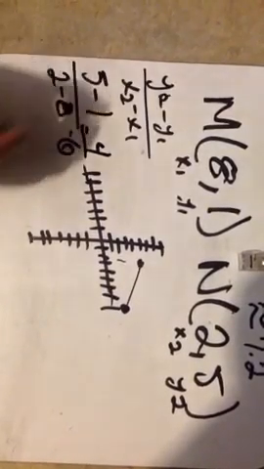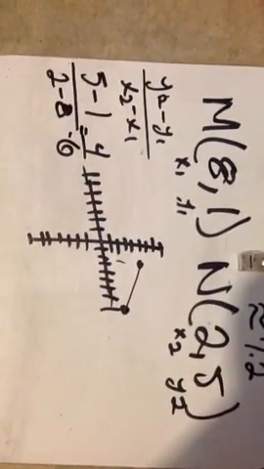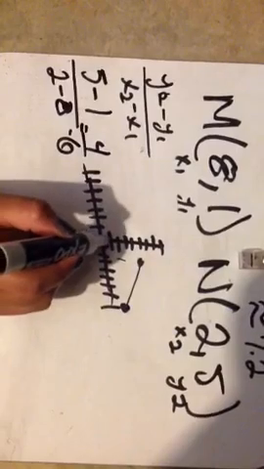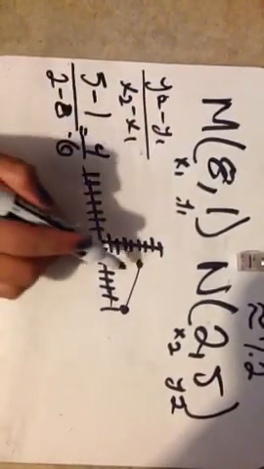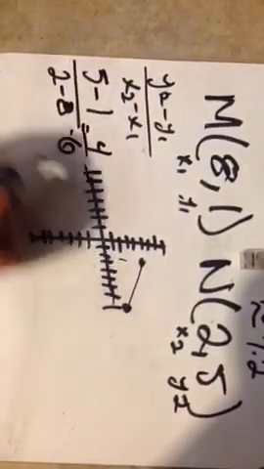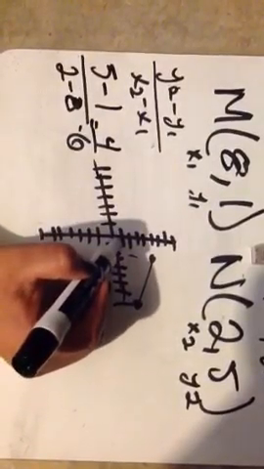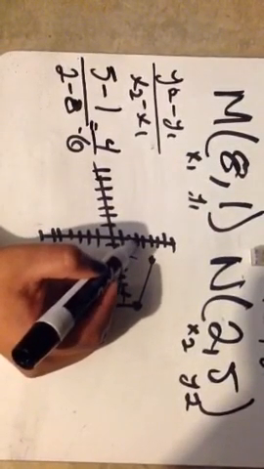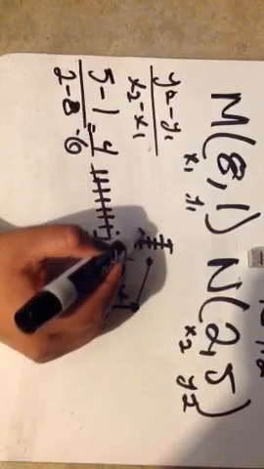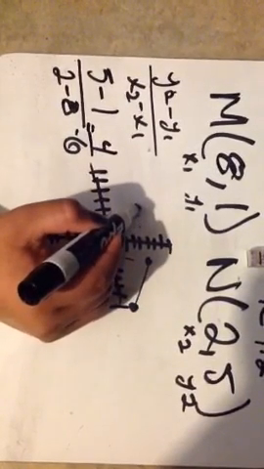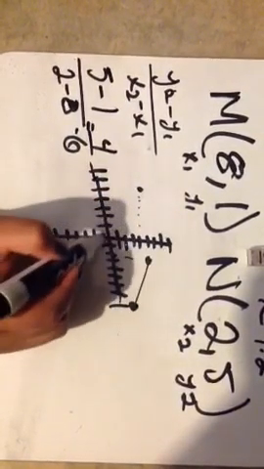So now that we have our slope, we are going to put it on the other side, the opposite side, by using this rise over run. So 1, 2, 3, 4, and 1, 2, 3, 4, 5, 6.